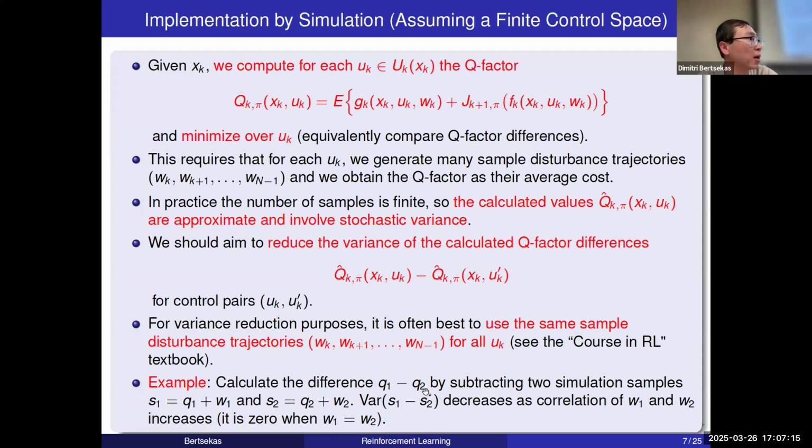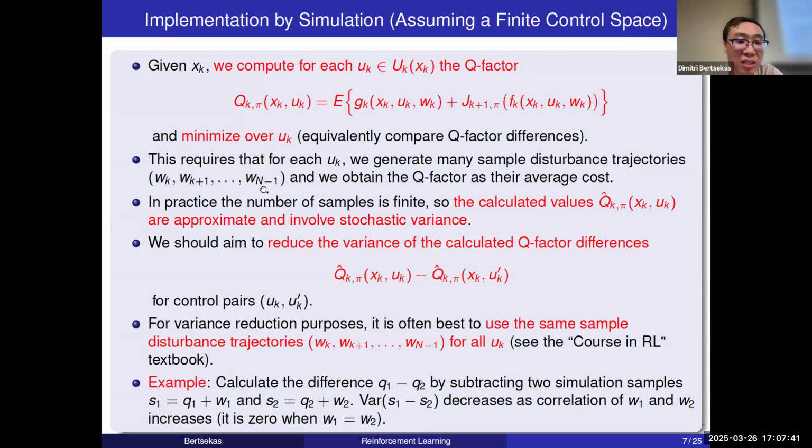So how can this be applied to estimating the Q factors? Suppose that we have two controls, UK and UK prime, we would like to evaluate their Q factors. We sample a lot of disturbance trajectories. Let's say we sample 50 of them.